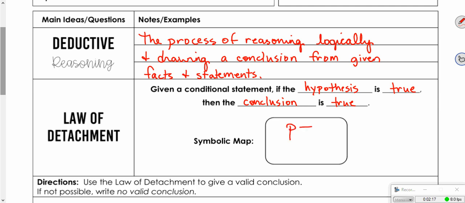So remember, our conditional statement looks like if P then Q, or P implies Q, that's what that arrow means.